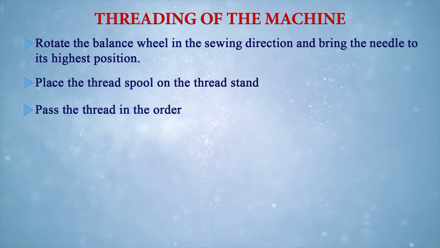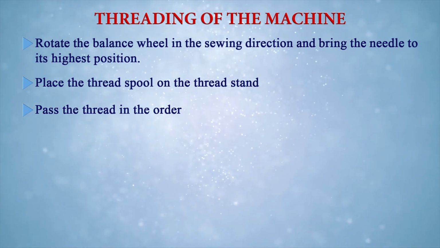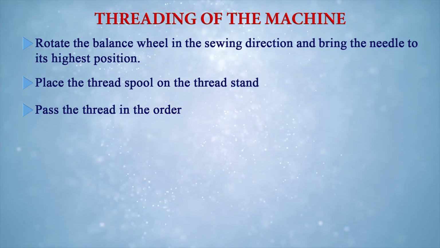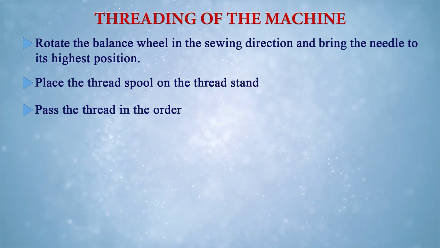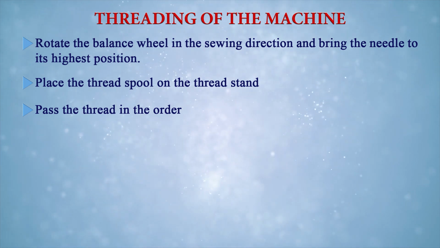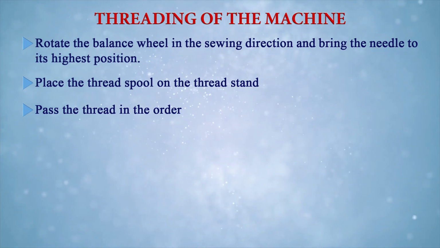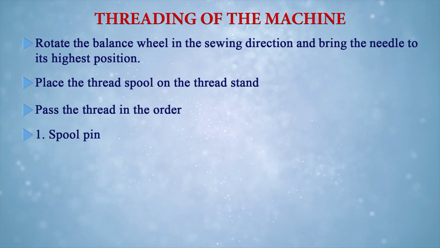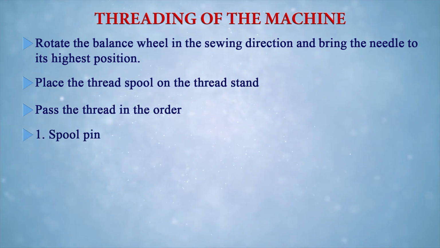We have some particular guide points on the sewing machine through which we pass the thread to reach the needle. So first we put the thread spool on the spool pin, or the spool thread stand.